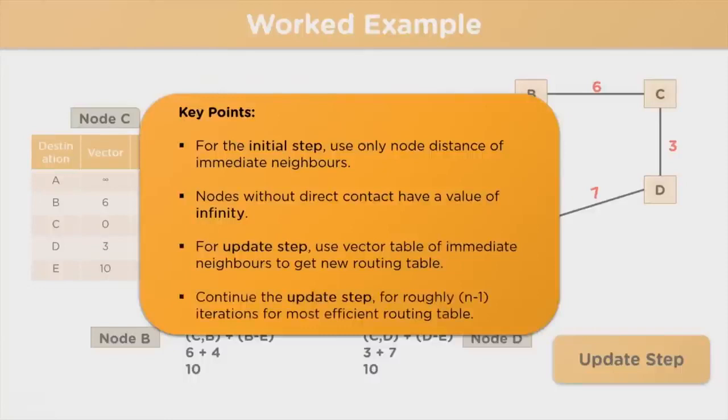And lastly, to continue the update step, roughly n-1 iterations are used, where the value of n is equal to the number of nodes. For example, the model we took had 5 nodes. That means we have to do a loop of 4 iterations.